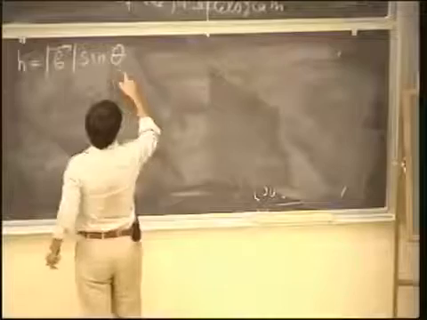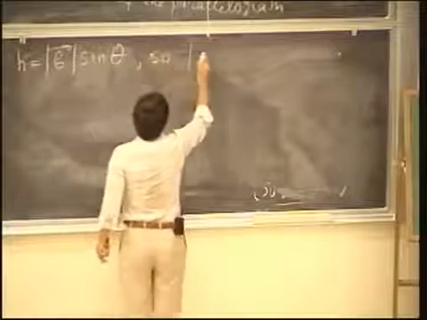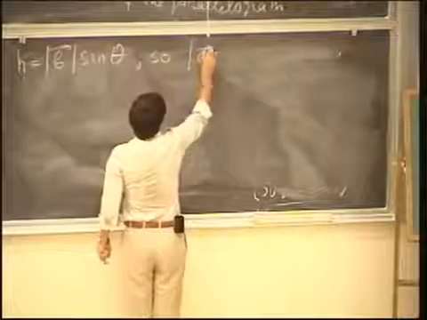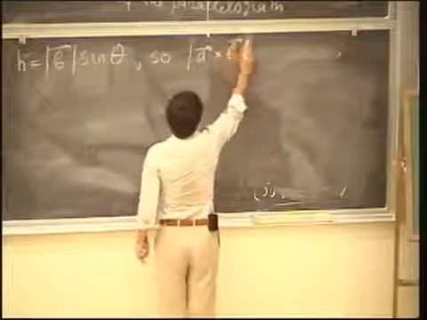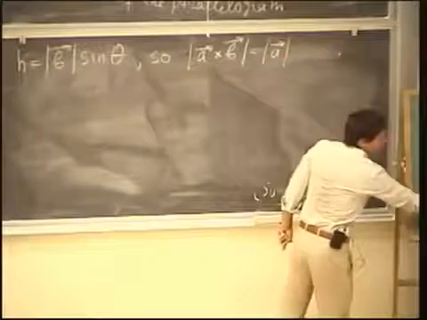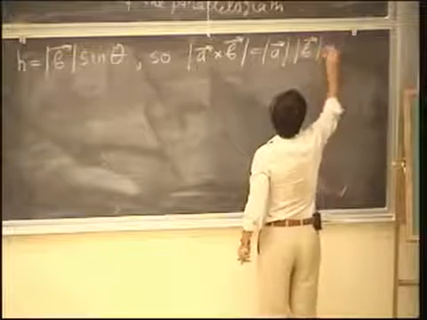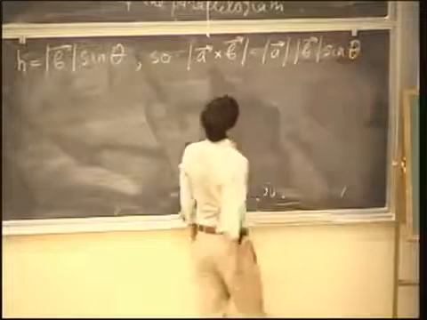So H is this, and therefore the length of A cross B is the length of A times H, which is length of A times the length of B times the sine of this angle.